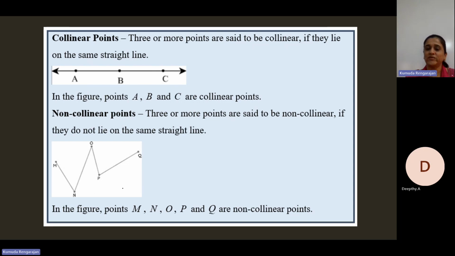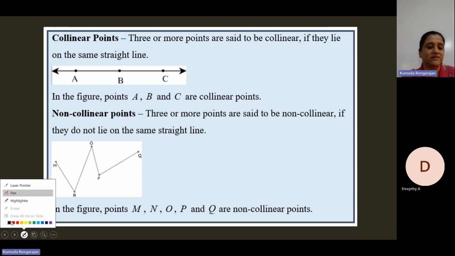When we have five points, we are talking about all the five points. You cannot take three out of them. We are talking about the collinearity of all the five points. So these five points are not collinear, because they cannot be connected by the same straight line.